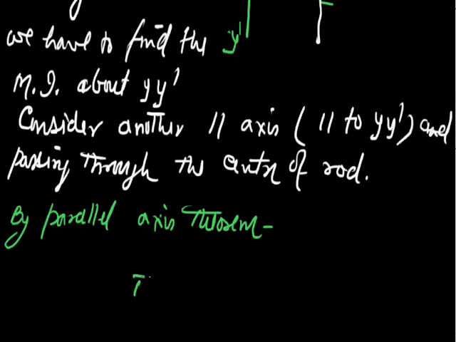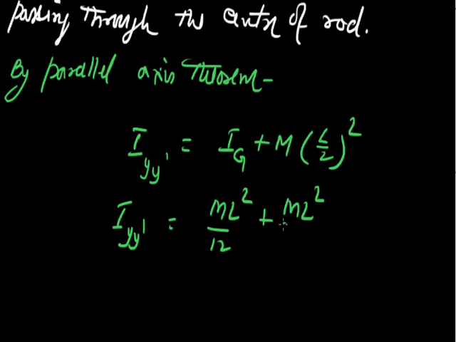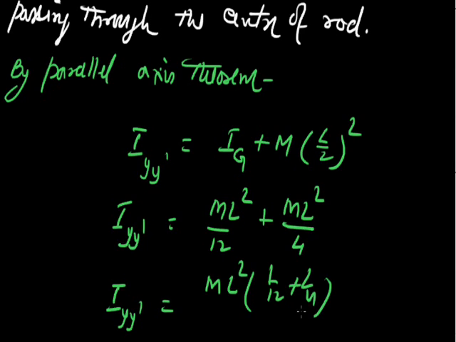So we can apply the parallel axis theorem. Moment of inertia I of the rod about y dash will be Ig plus m into the square of the distance between the two axes, that is m L square by 4. So I about y dash will be m L square upon 12 plus m L square by 4, that is m L square into 1 by 12 plus 1 by 4.